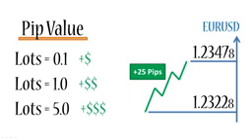Those are the basic concepts around pip value. And if you understand that, then that will be well and truly enough for you to grasp the concepts of live real trading. What we're going to do now in this tutorial is look at this particular example of the euro-dollar in more detail and actually go through the calculations that will tell us how to translate pips into dollars.